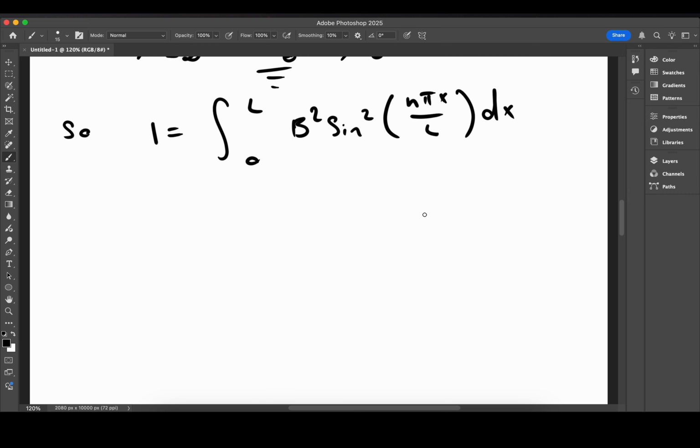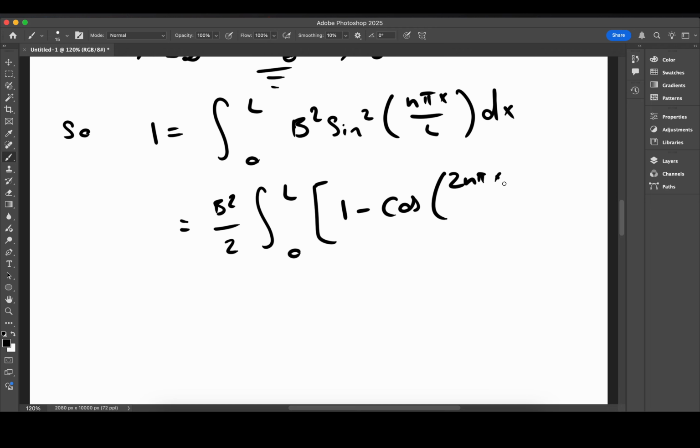This is nice. I'm going to move things around, use some nice trig that's requisite. I would just have that this is 1 minus cosine 2 n pi x over L, all over 2.